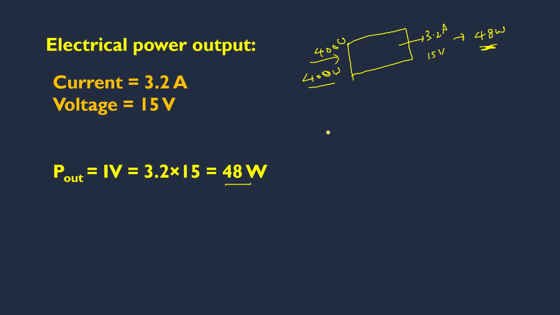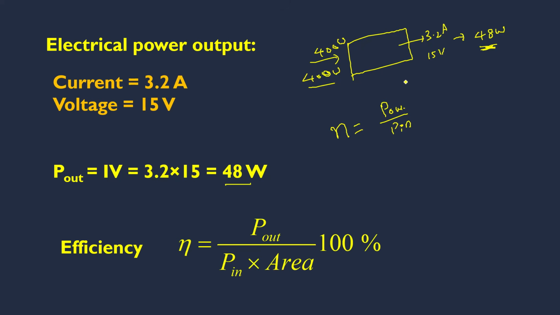So now the efficiency is simply P output by P input. You simply take 48 by 400, and that gives you the efficiency. You can consider this whole thing as input power per unit area, so the area cancels, P out by P in. You can write P out by P in into 100 percent if you want percentages.